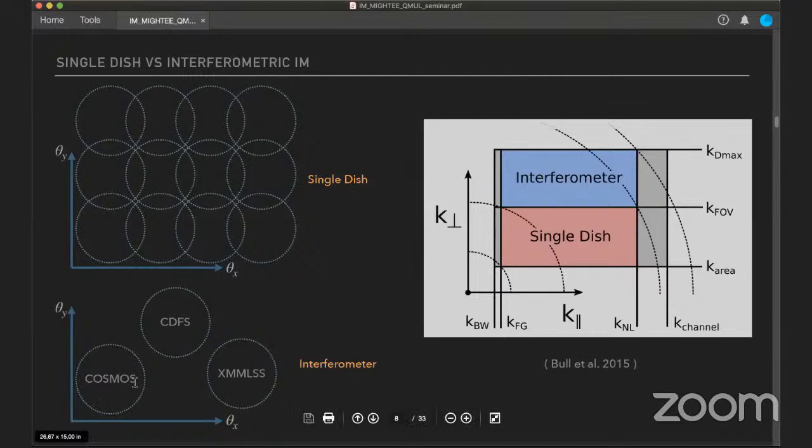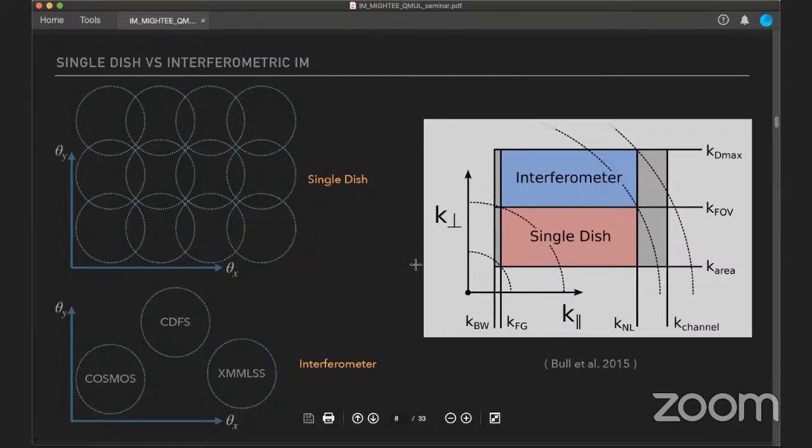In the interferometric mode we have better resolution, so we can see the structure inside each field of view, and in principle we can get a deep pointing on each field to estimate the power spectrum, or we can individually measure the power spectrum from different fields and then combine. Either way, we can estimate the power spectrum.